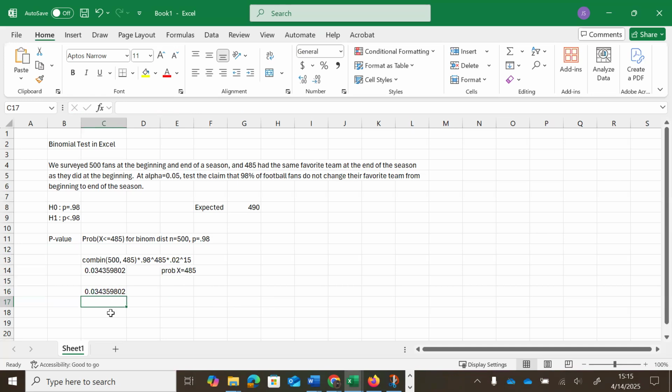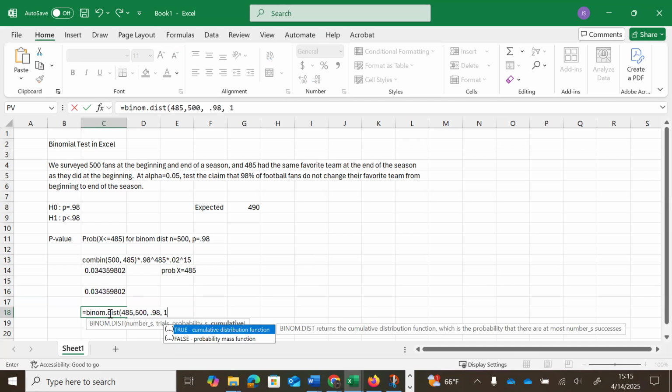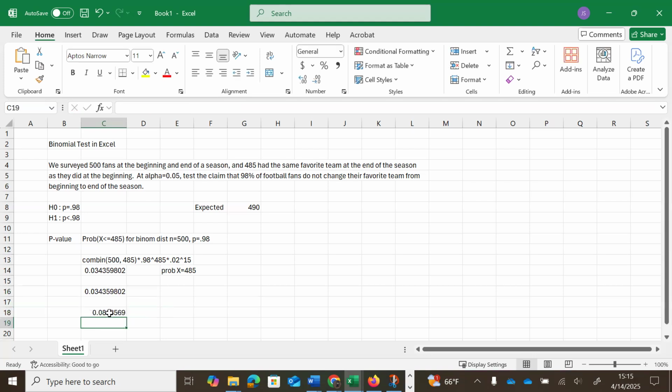On the other hand, if I change that last slot, BINOM.DIST 485, 500, 0.98, and tell it I want the cumulative probability, then Excel will find the probability of every value up to 485 and add them together. That's exactly what we said our p-value was supposed to be. So this is the p-value.